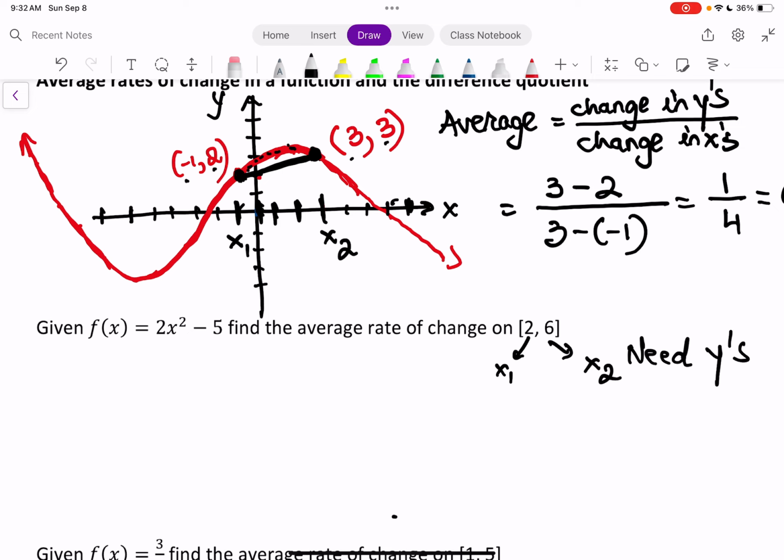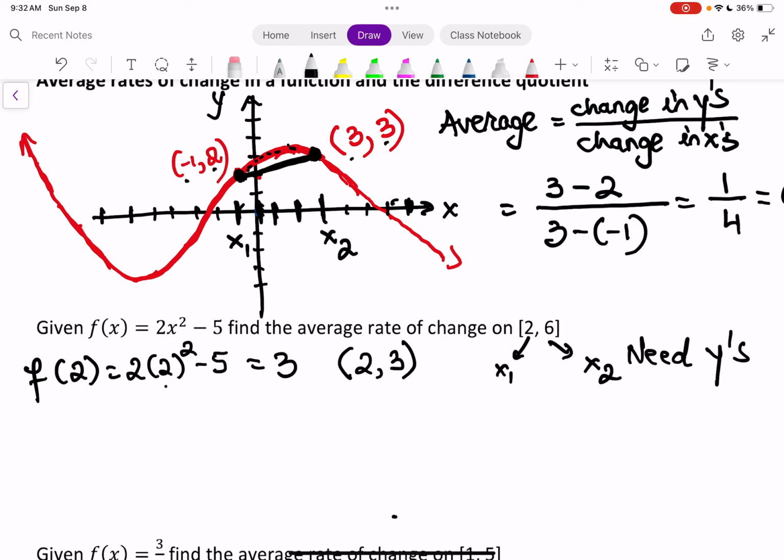Okay, so how do I find the y's if x's are given? Well, plug them in. And we practiced on that. So f of 2, what's the y value when x is 2? It's 2 times 2 squared minus 5. So that's, again, order of operations. 4 times 2 is 8. 8 minus 5 is 3. So in other words, when x is 2, y is 3.